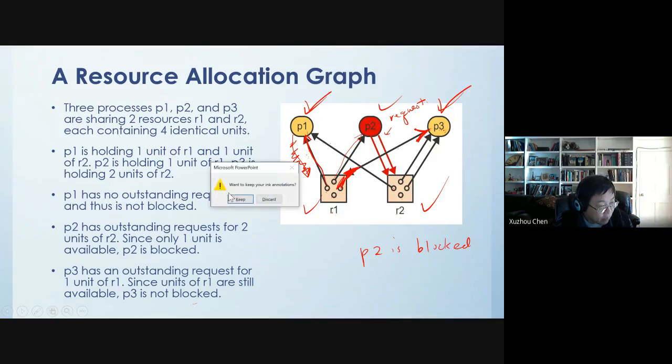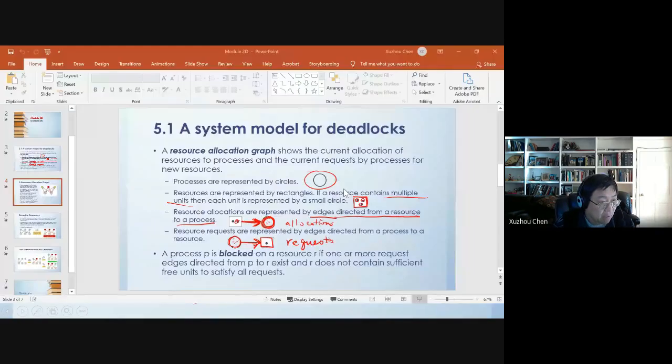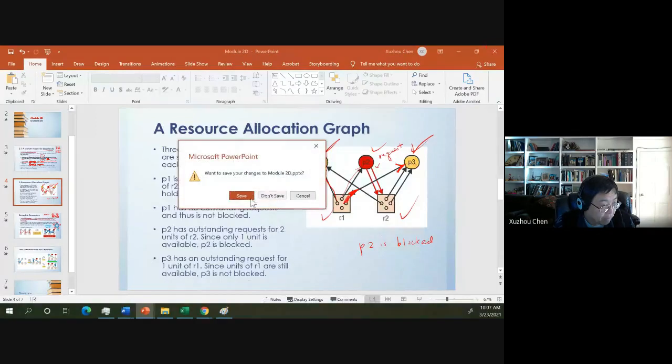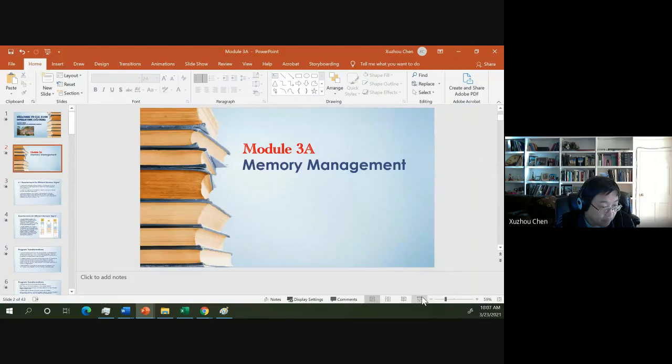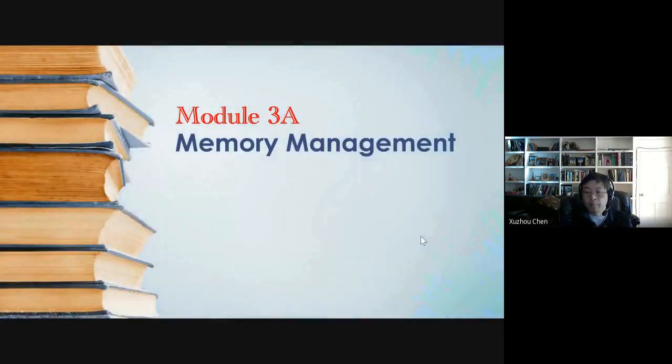And the next topic I would like to cover is memory management.